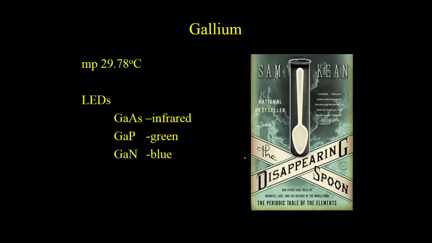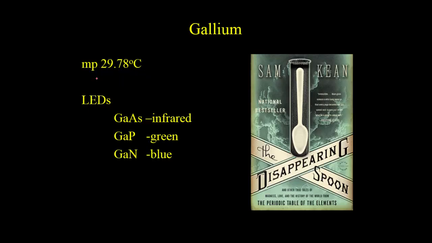Gallium should also be a metal. It has the interesting property, though, that it's not quite a solid at room temperature. So the melting point, 29.786 degrees Celsius, means that it won't melt in your hand, but it will melt in your mouth.